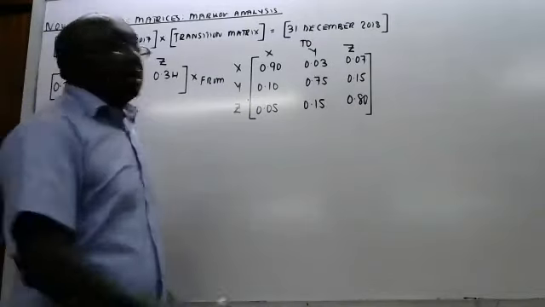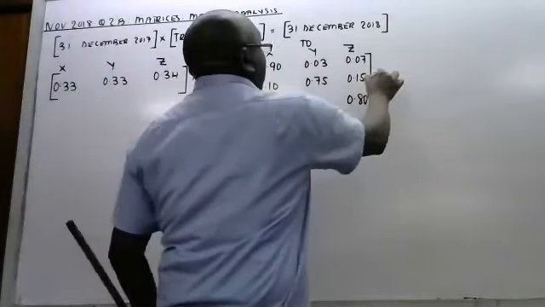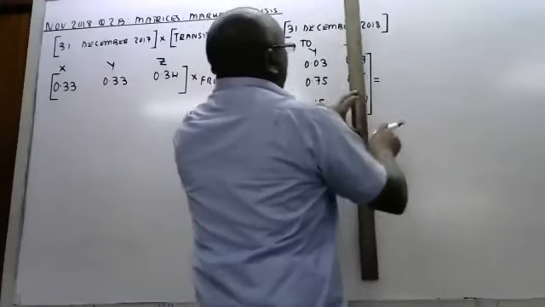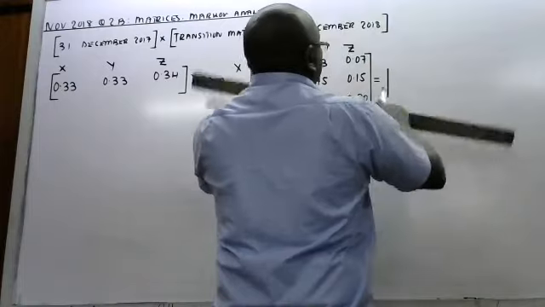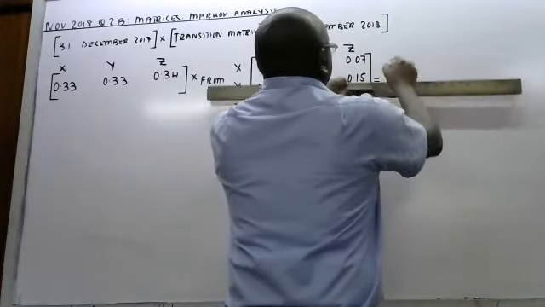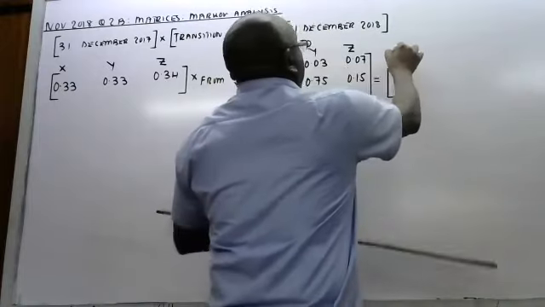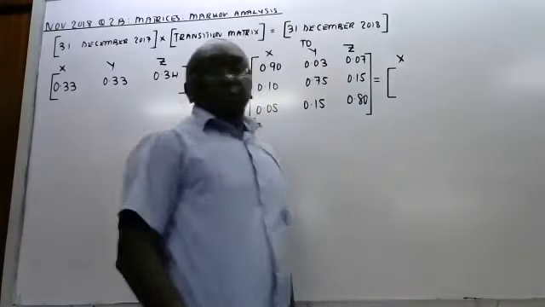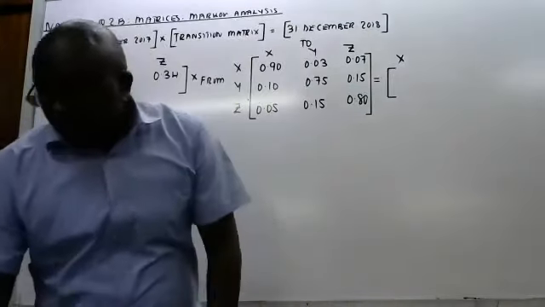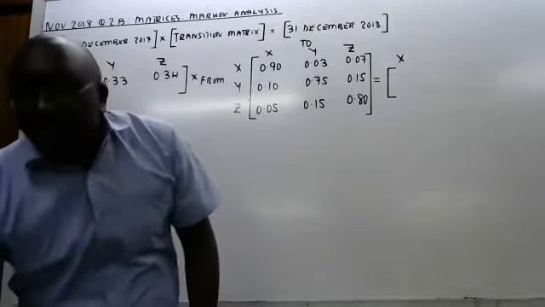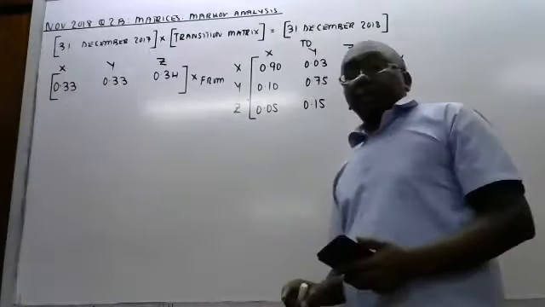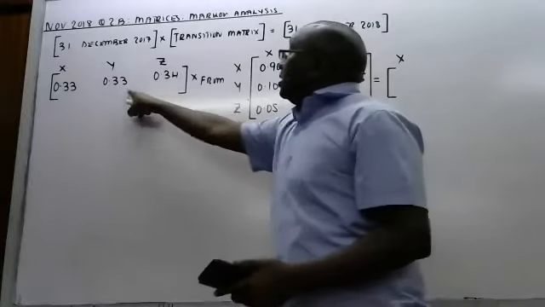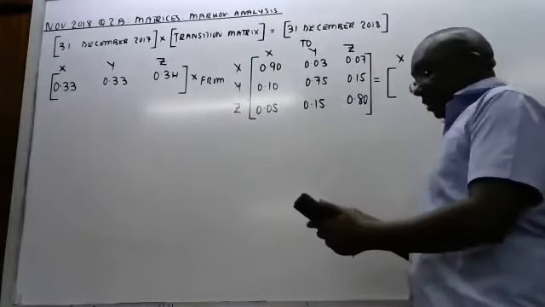So, if you multiply that, we should now have the share. We start with X. To do it on the calculator, we multiply. I believe now everyone knows how to multiply matrices. So we take these and multiply downwards.